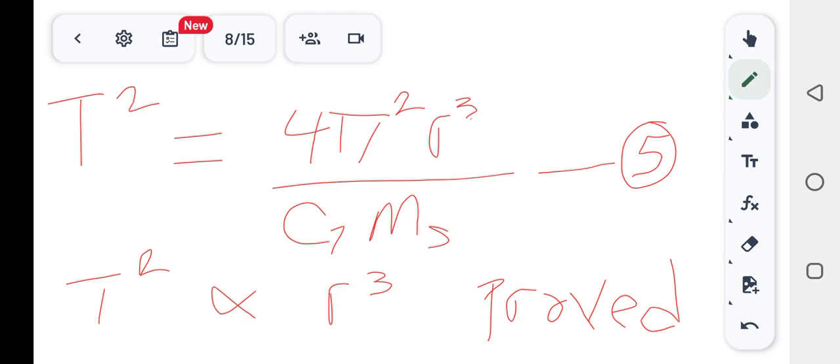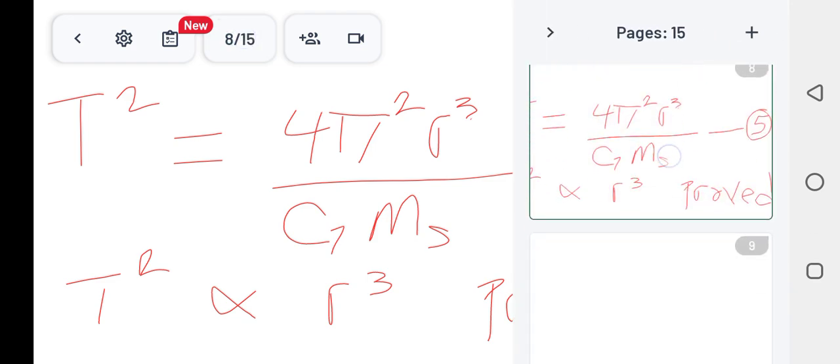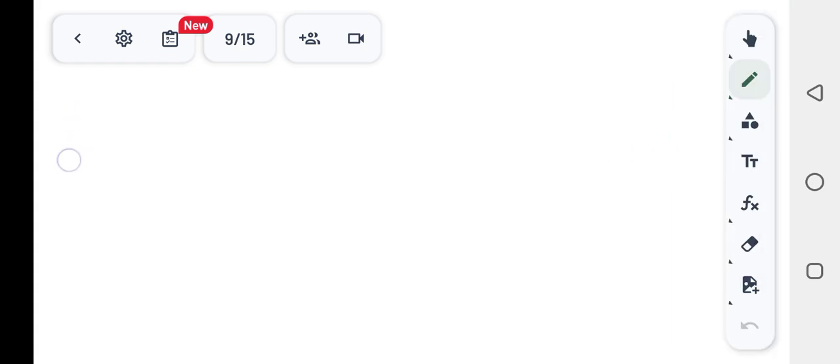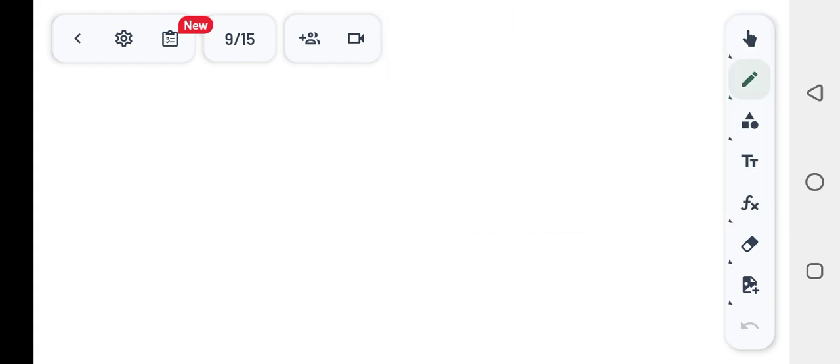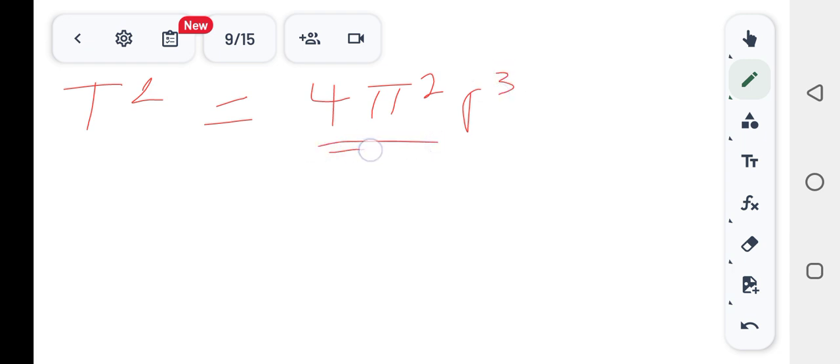From here we can deduce that t squared equals 4 pi squared r cubed all over G times the mass of the sun.